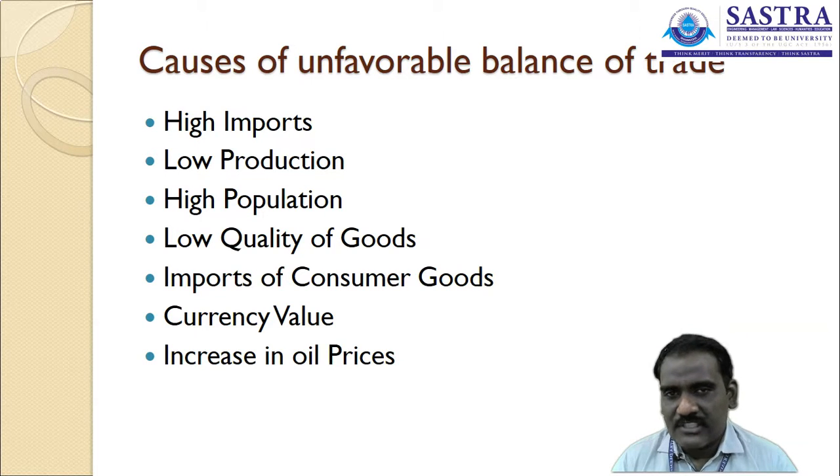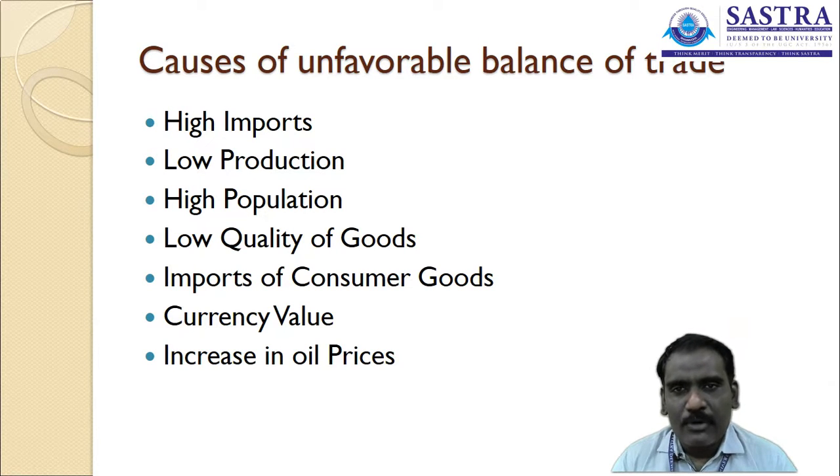Low quality of goods. The balance of trade becomes adverse when low quality goods are available, or low quality goods are manufactured in the home country. It means the people are not interested in buying the product which is manufactured in your country.